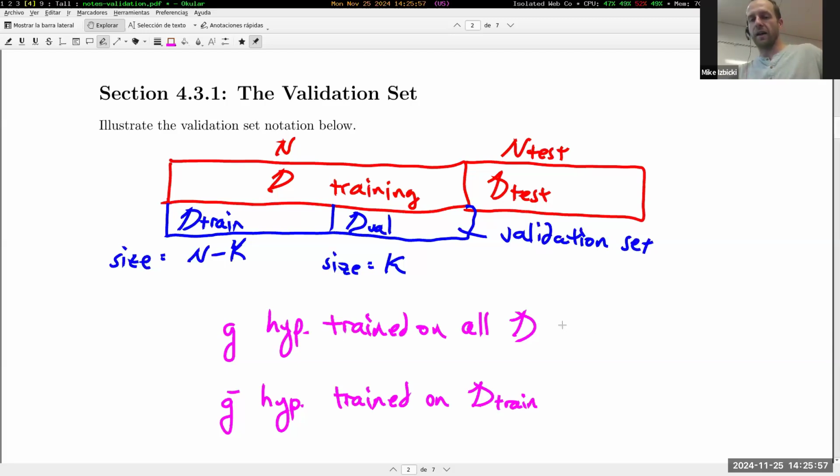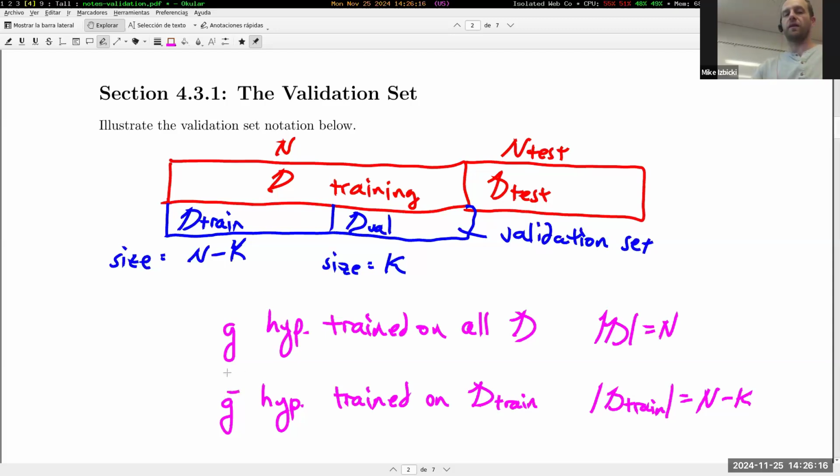Again, G has the size of D equals N data points, but the size of D train is N minus K. Their motivation for putting a minus up here is that there are fewer data points. We have subtracted away some number of data points from our training set.